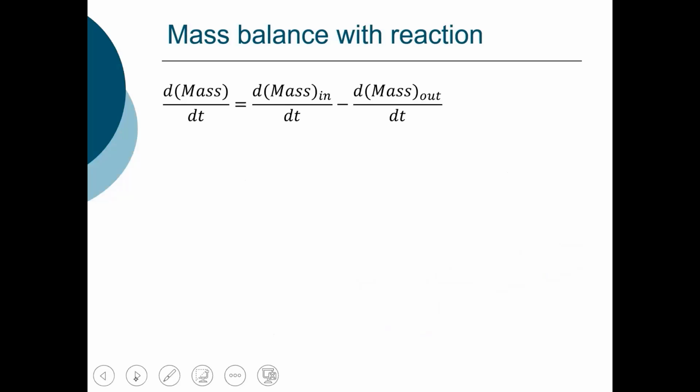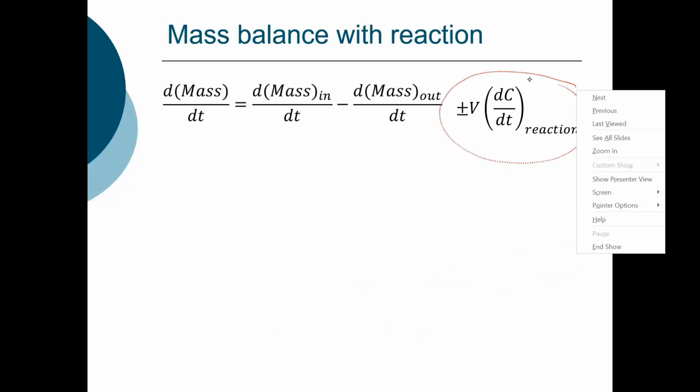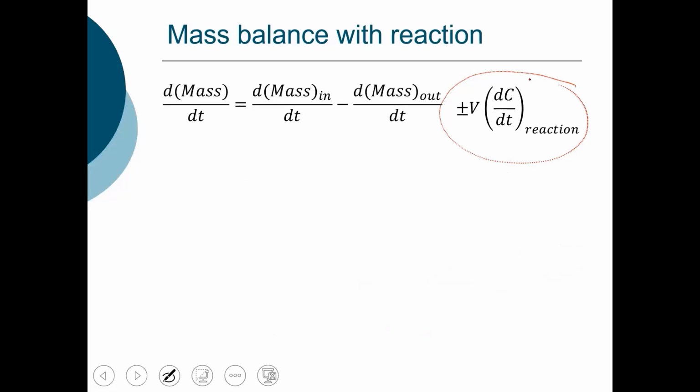But now, going back to our mass balance, we have the same mass balance expression that we've had. Now we add a reaction term. Now we can describe this as either positive. So if it's positive, you have formation of whatever chemical you're looking at, or you can also use it for microorganisms.